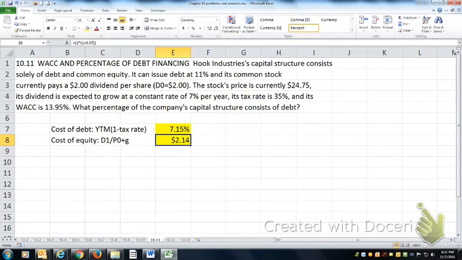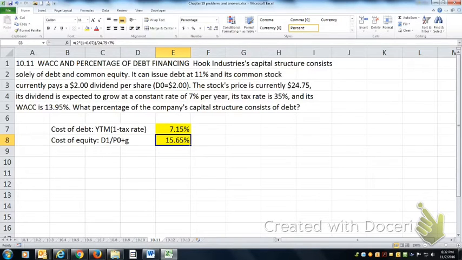The current stock price is $24.75, so if I divide that by $24.75, that's D1 over P0, and then I add the growth rate of 7%, reformat that for a percent, that's my cost of equity capital, okay?